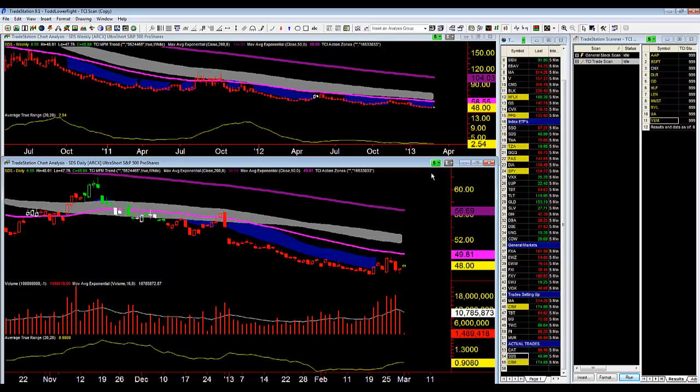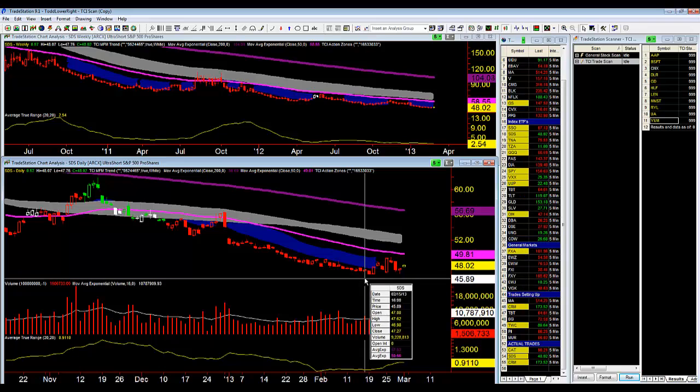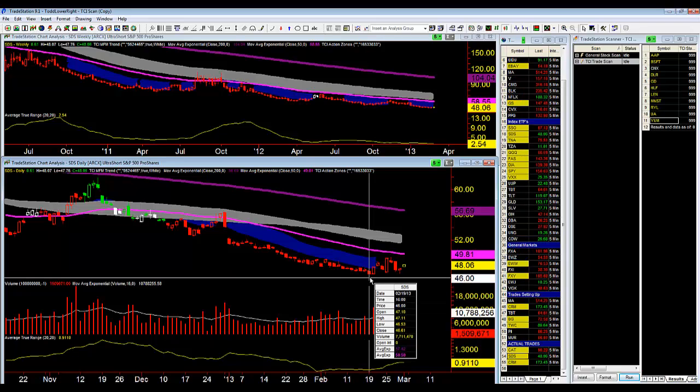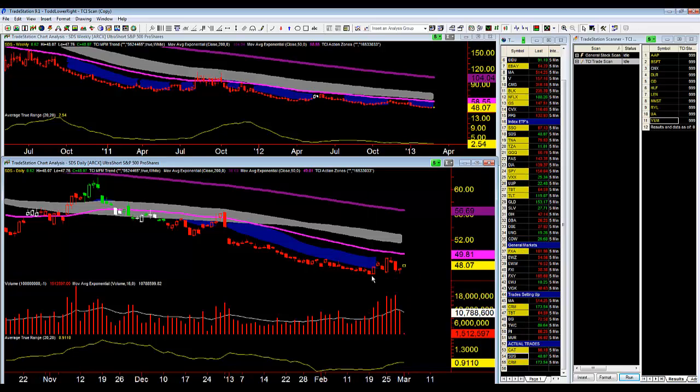Okay, this is what I'm going to do. I am moving my stop from 45.64 to actually just a few cents below the lowest low here. 46.53 is the low in the SDS. My stop has been moved to 46.48. All right, so now look at this. Market's at 48.10, so the market's rallying, which means the SDS is rallying, which means the overall market is dropping right now as we speak.